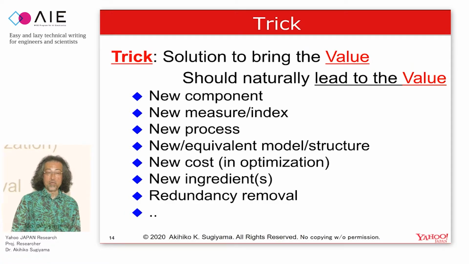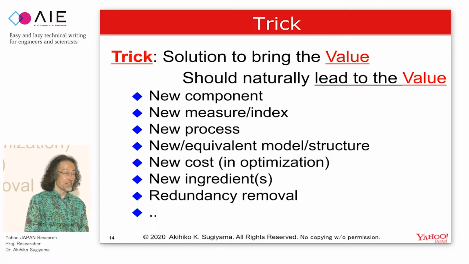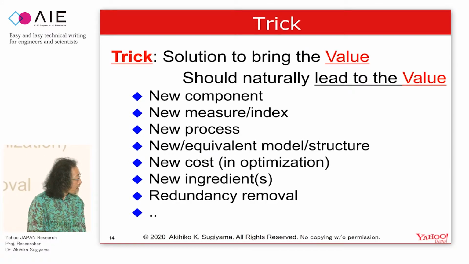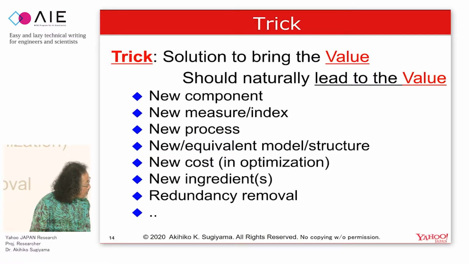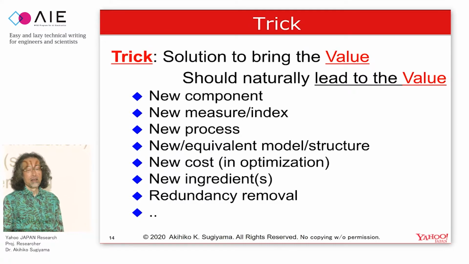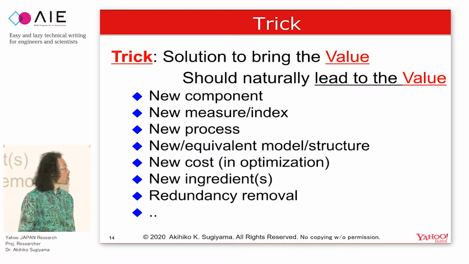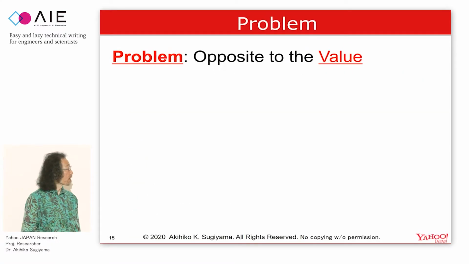For example, in optimization, if you introduce a new cost, the optimization result will be different. A new ingredient or ingredients. Sometimes redundancy removal may be counted as a trick. So these are examples of the trick.